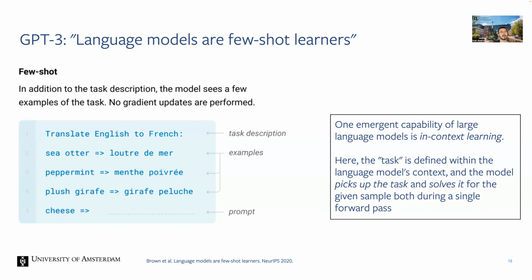One emergent capability of large language models is this in-context learning ability, where the task is defined inside the model's context, and the model picks up the task and solves it for a given sample. It does both of this during a single forward pass, but we're going to talk about in-context learning in a lot more detail later.